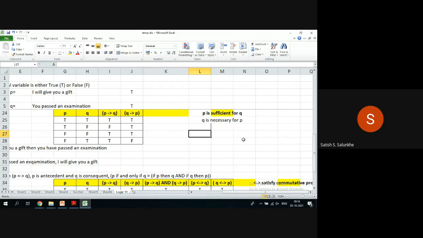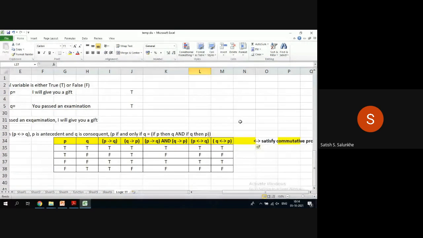So passing the exam is sufficient for clearing the course. That is the way you are understanding this. And what is Q is necessary for P? To clear the course, you need to pass the exam. Clearing the course is a necessary condition for passing the exam. That's it. So don't get confused.